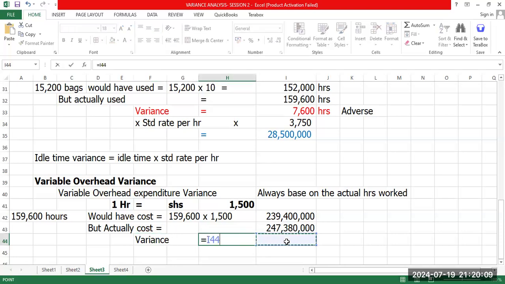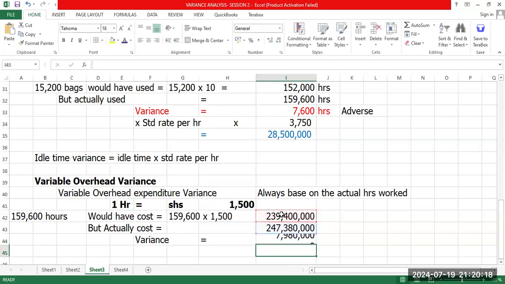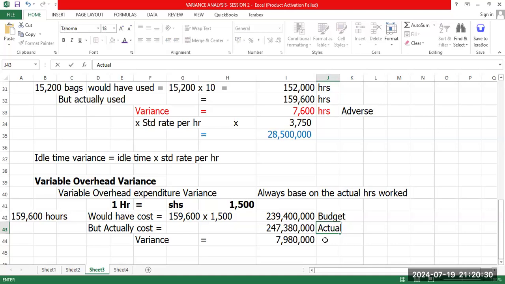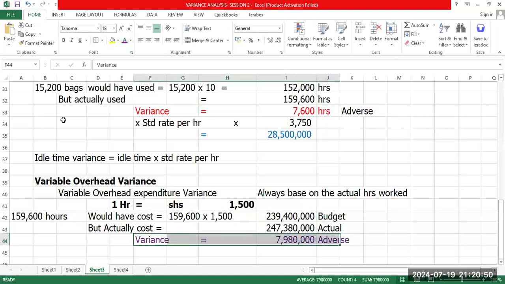Adverse. So you get the difference and ask yourself, is the difference adverse or not? This is like the budget. This is like your actual. So compare the actual with the budget and ask yourself whether it is favorable or not. Here it means that you incur more compared to what you had by this. We are done with it.